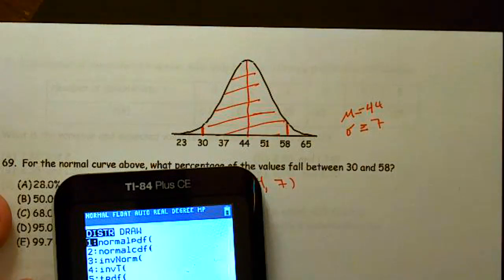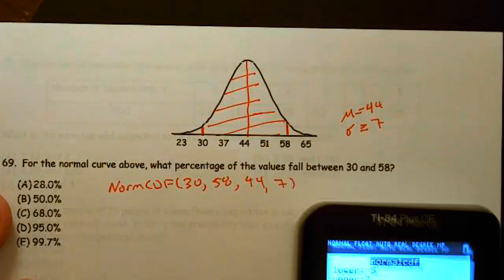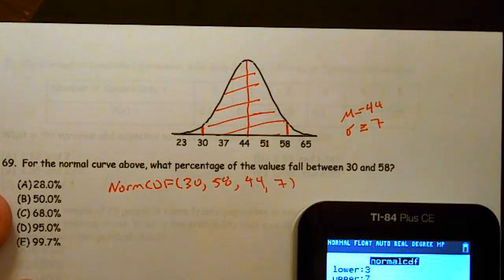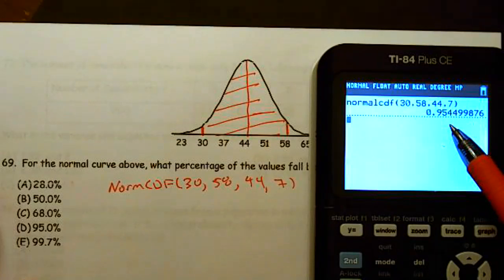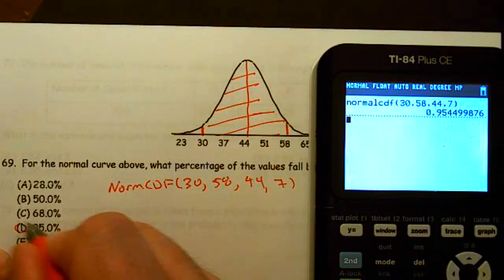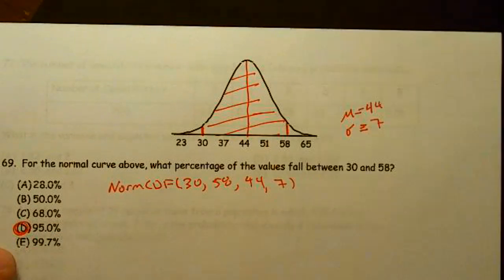Second vars, norm CDF, lower at 30. Oops, let me put that up so we can see it. Lower at 30, upper at 58, mean of 44, standard deviation is 7. And 0.9544, so about 0.95 is our closest. All right, so letter D is our answer.